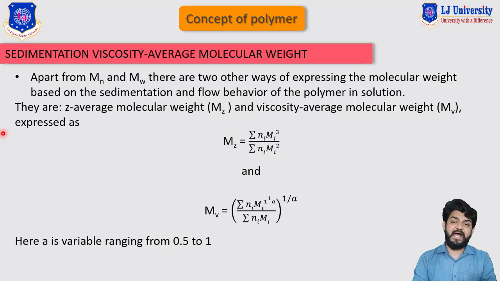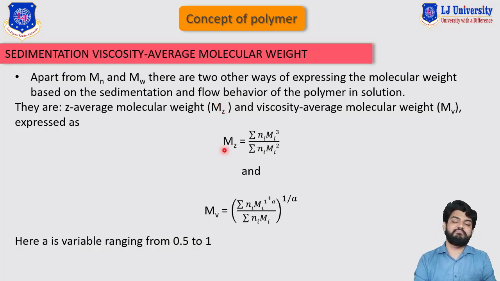So they are the Z average molecular weight, which is represented by Mz, that is your sedimentation average molecular weight. And we have one more type, that is your viscosity average molecular weight, which is represented by the Mv.